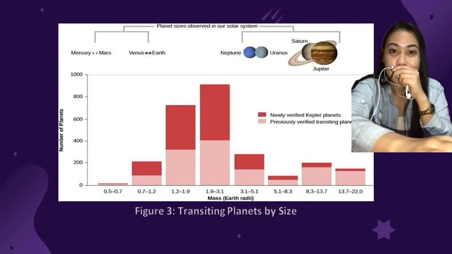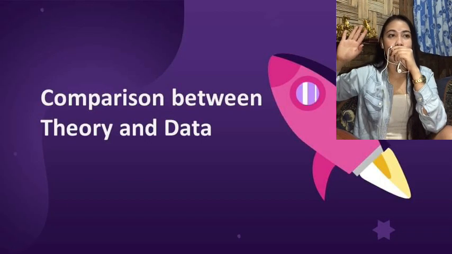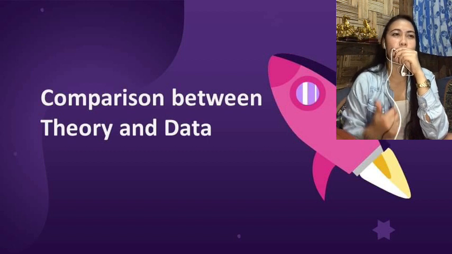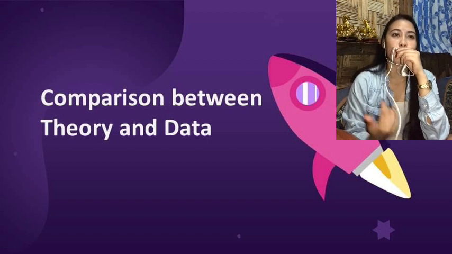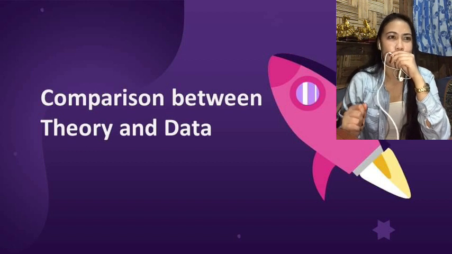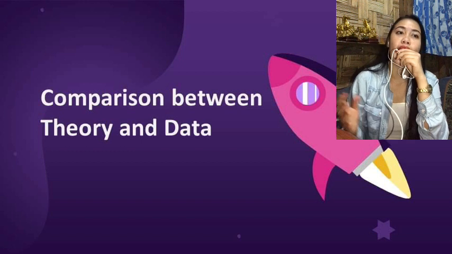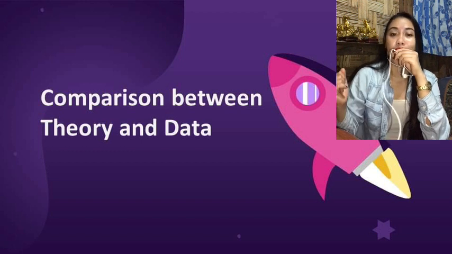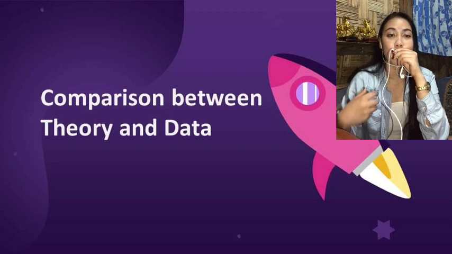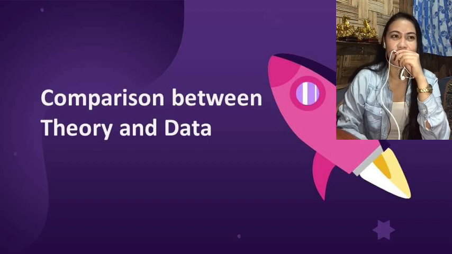Okay? Okay, lastly, we have comparison between theory and data. Okay? Many of the planetary systems discovered so far do not resemble our own solar system. Consequently, we have to reassess some aspects of the standard models for the formation of planetary systems. Okay?